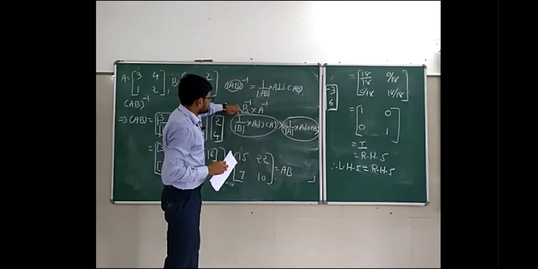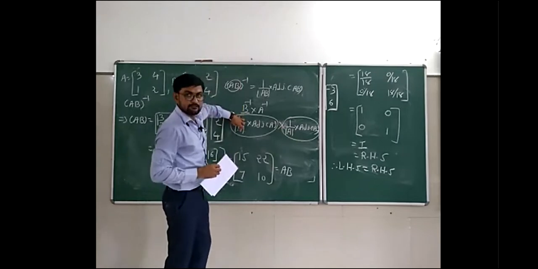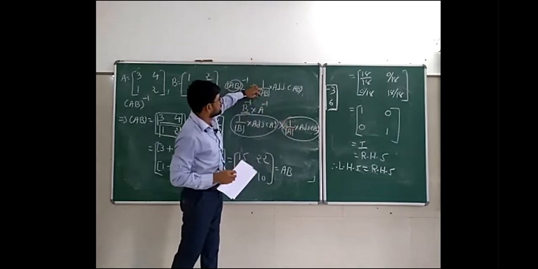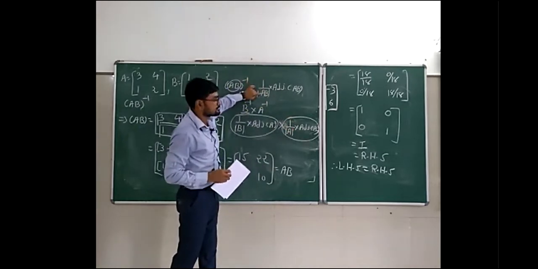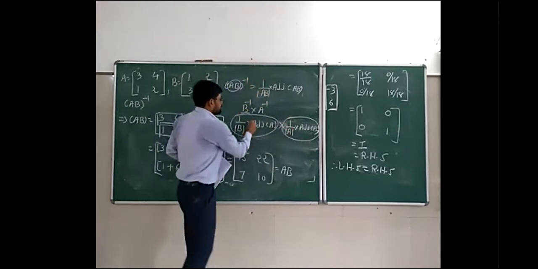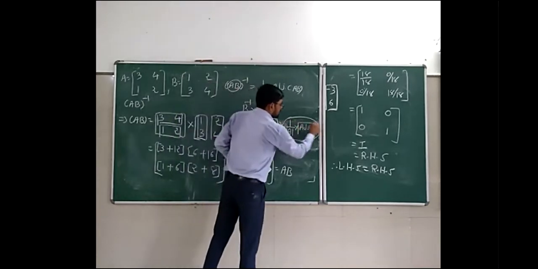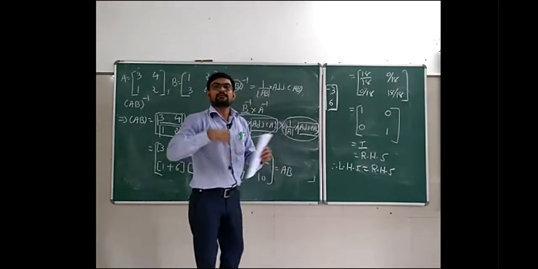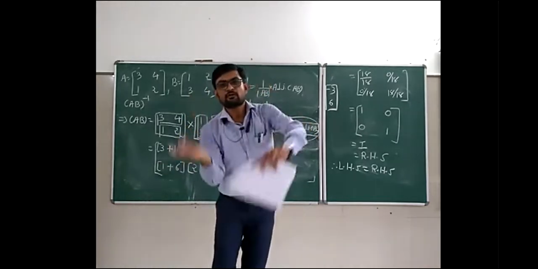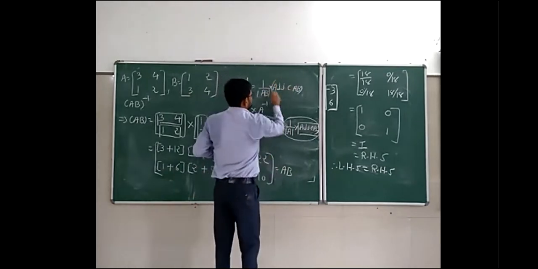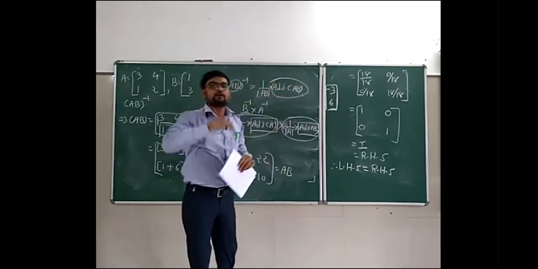So when you multiply 1 upon determinant of B with 1 upon determinant of A, then we'll get 1 upon determinant of AB. You'll get these answers. And then multiply adjoint of A with adjoint of B. And when you multiply adjoint of A with adjoint of B, then you will get the answer of adjoint of AB.